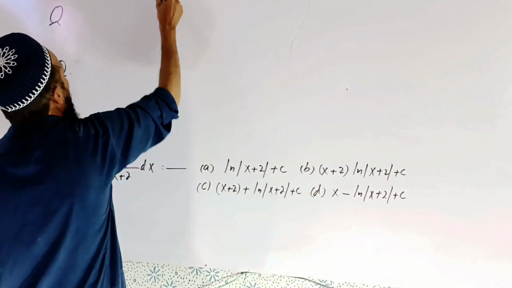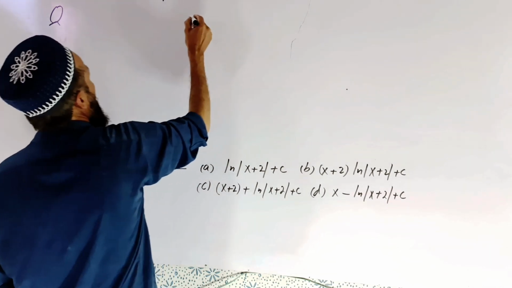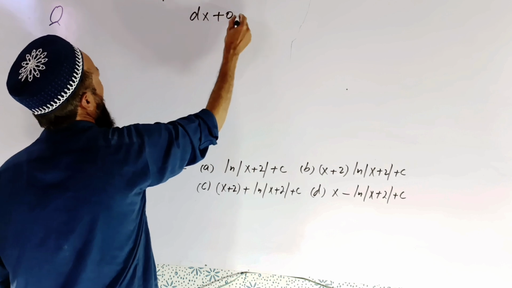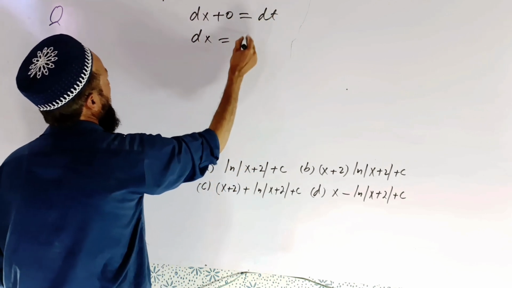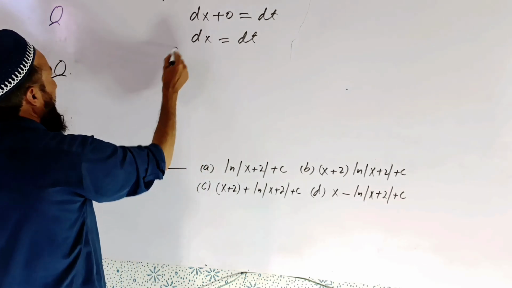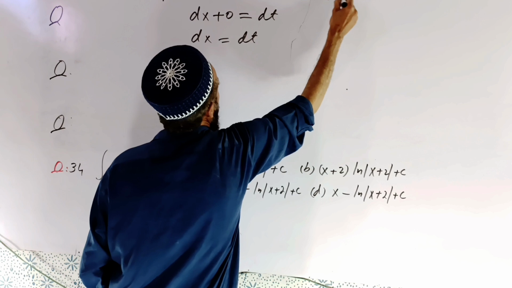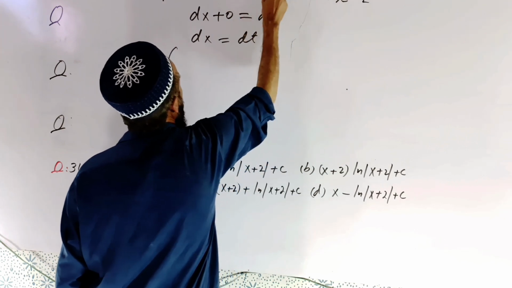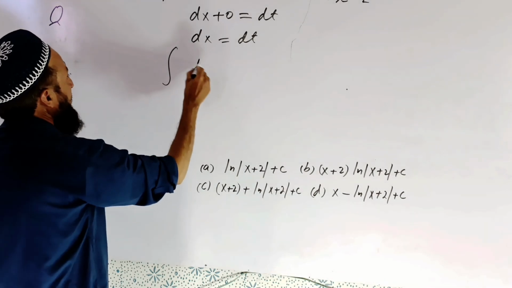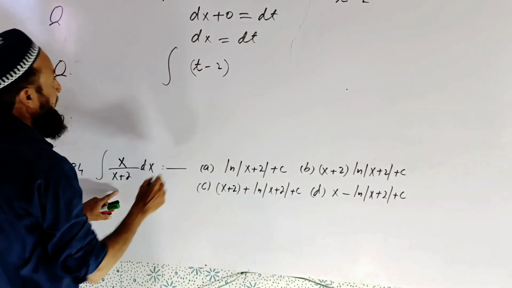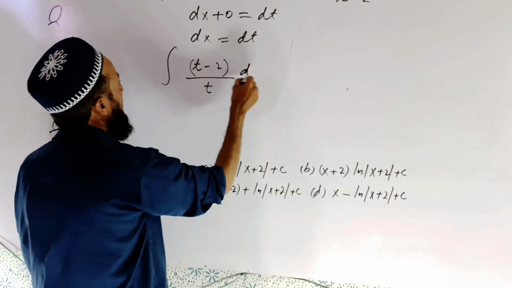Put here x plus 2 is equal to t. Now differentiating with respect to x, 2 is a constant value, its derivative is 0, so dx is equal to dt. Now we substitute the result here, and x is also required, so we can write x as t minus 2. We put the value of x as t minus 2, and x plus 2 as t, and dx is equal to dt.